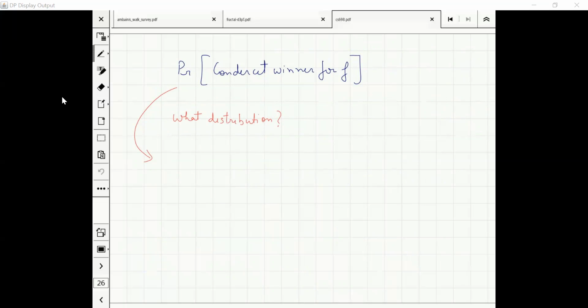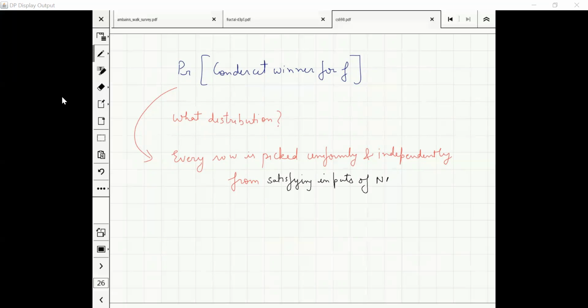It is not the uniform distribution over all matrices, but it's a distribution where every row is picked uniformly and independently. Each of the rows, as we require, should be satisfying inputs of which function? Not all equal.